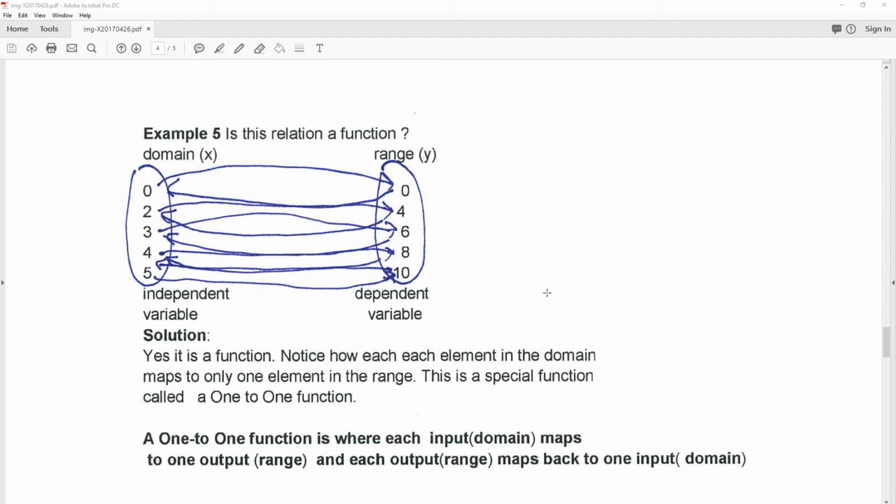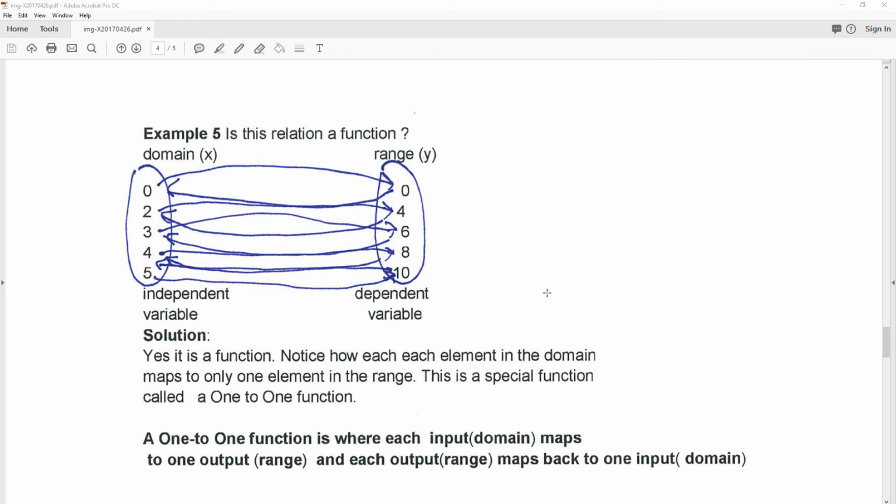Example 5, is this particular relation a function? Yes, it is a function. Notice that each element in the domain maps to only one element in the range. This is a special type of function called a one-to-one function. A one-to-one function is a function where each input in the domain maps to one output in the range, but when we map it back, it's still one output mapping back to one input, so it's still a function when it maps back.